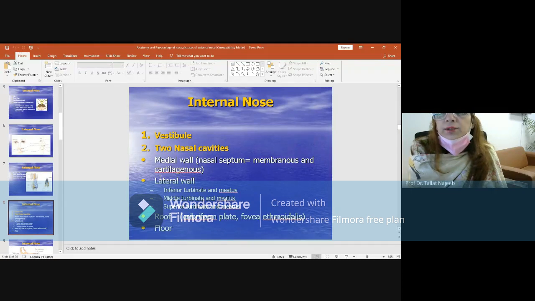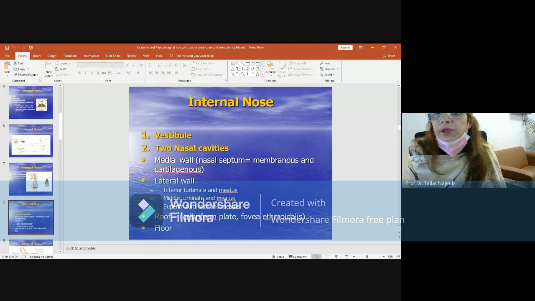So a boil is common only in the caudal region of the nose, either on the septum or on the lateral wall. The internal nose is divided into two nasal cavities with the help of the nasal septum. We will study the anatomy of the nasal septum with the diseases of the nasal septum.